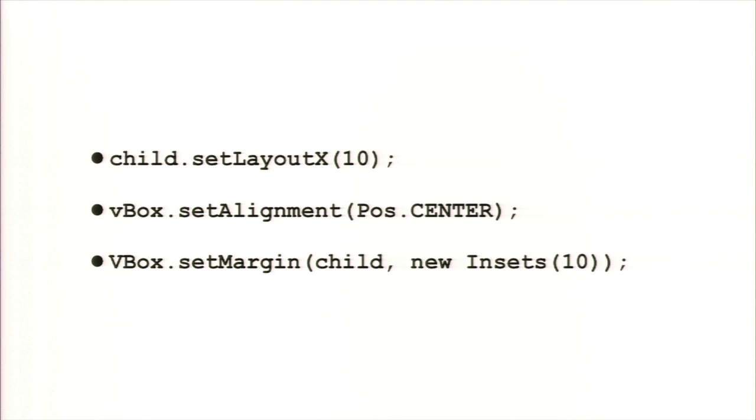But what I have found is, even though the layout API is the part of the JavaFX API I have most trouble with, it is also the part that's best documented, in my opinion.